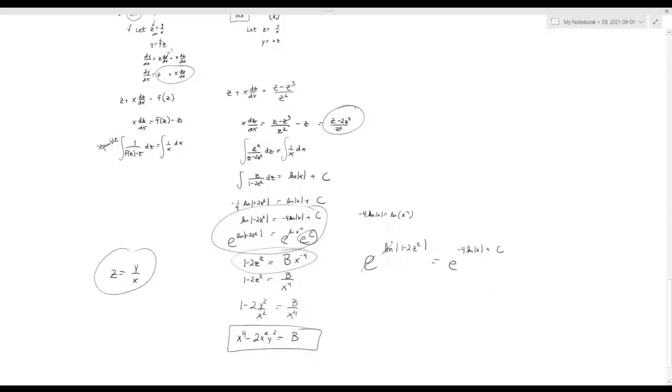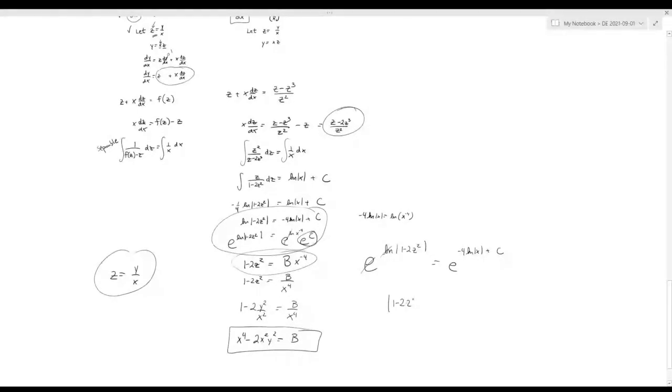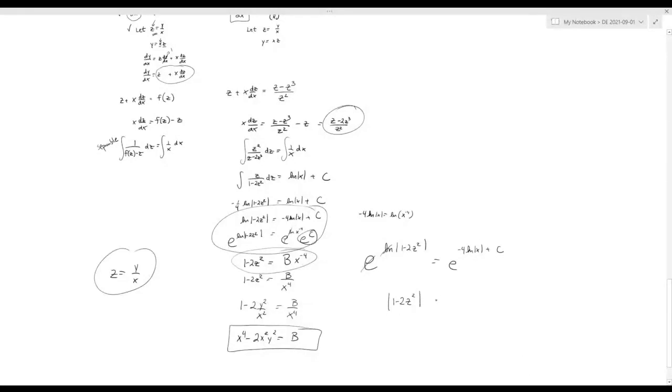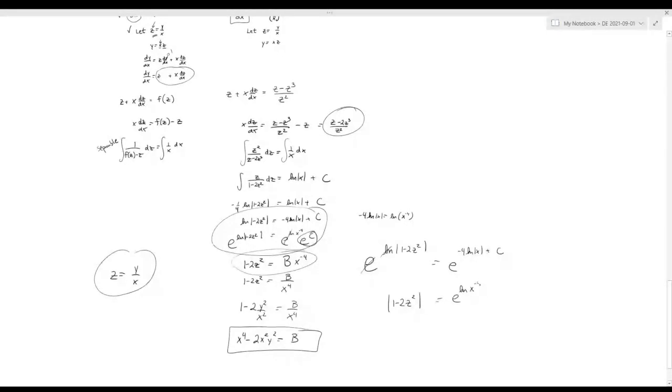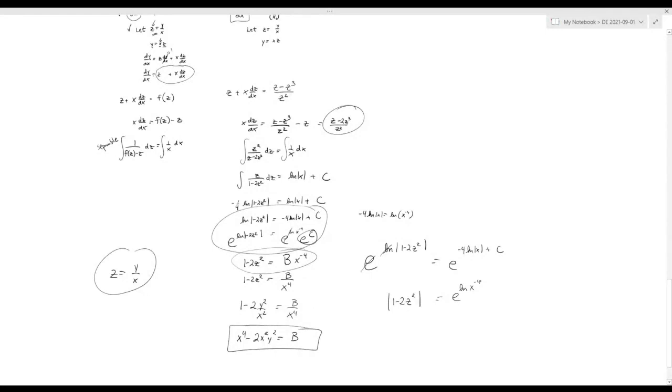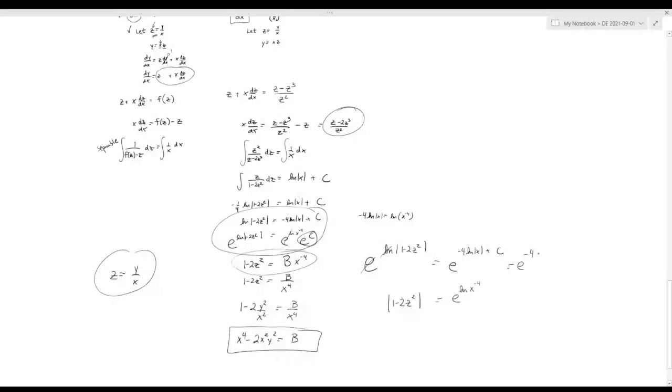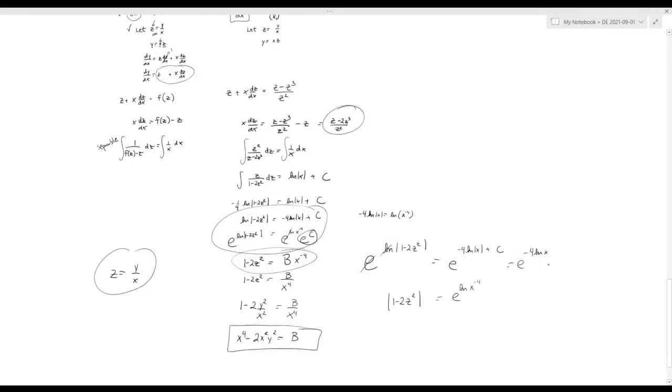here these cancel each other out as composition of functions. Over here, I used, first of all, properties of exponents. So we write this as e to the log of x to the negative 4. Now, I don't need the absolute value because that's an even power. And then by properties of exponentials, you can write this as e to the first term times e to the second term, where e to the c is just a new constant.